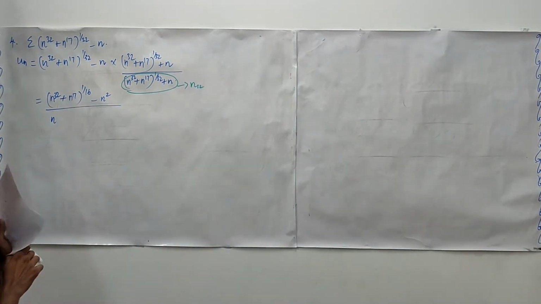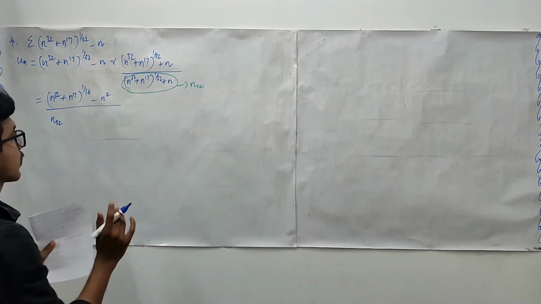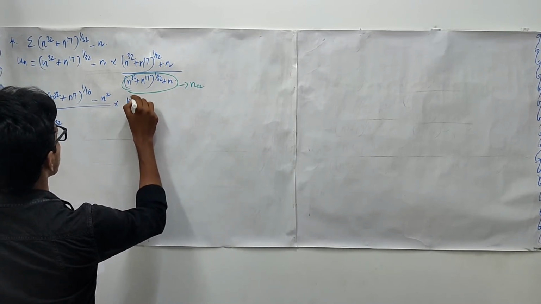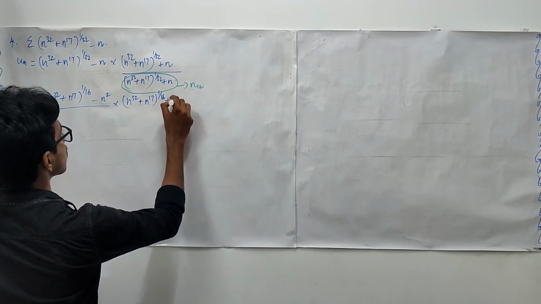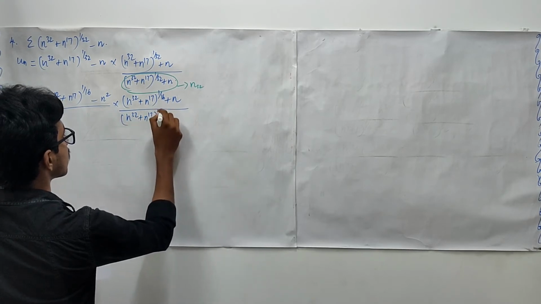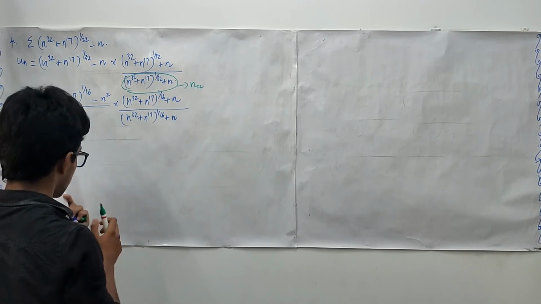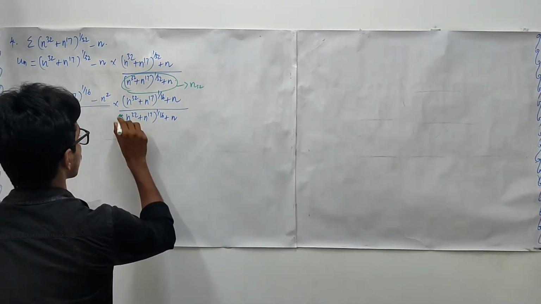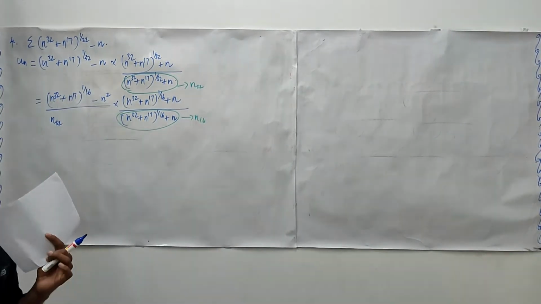Now we are going to multiply and divide by its conjugate: n to the power 32 plus n to the power 17, to the power 1 by 16, plus n, and this quantity let me denote by n16. It is just a matter of convenience.